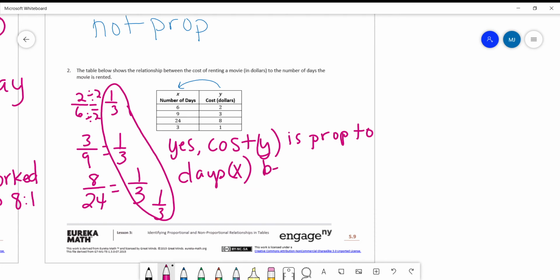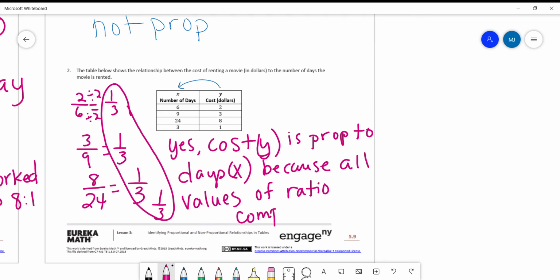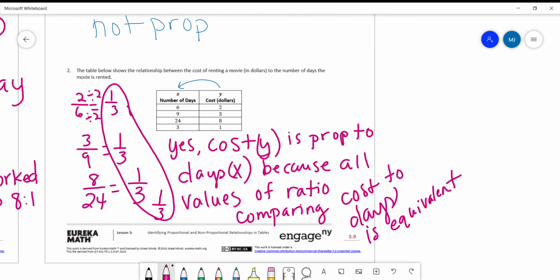Because all values of the ratio comparing cost to days is equivalent. And what is that value? 1 to 3.